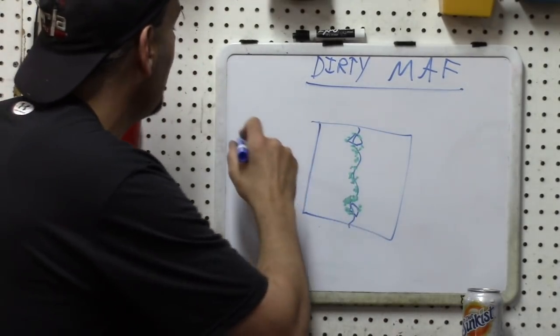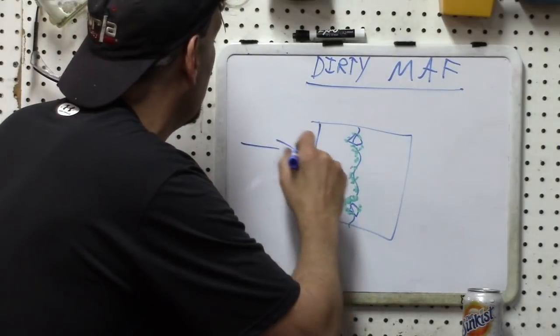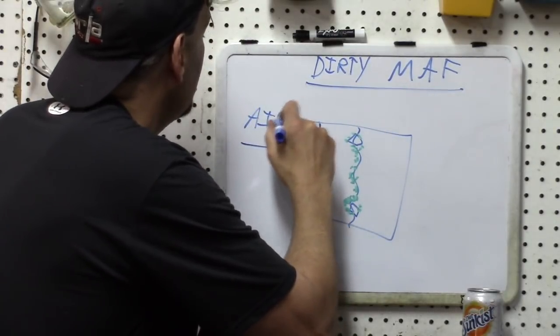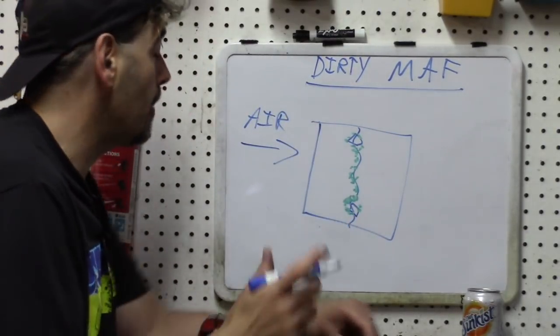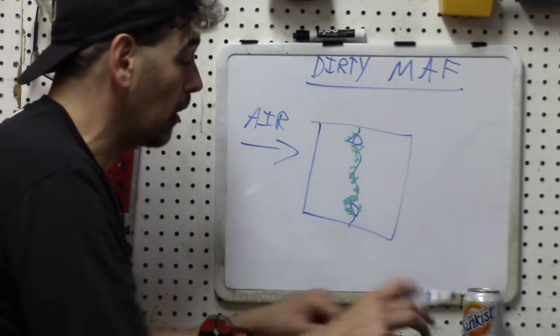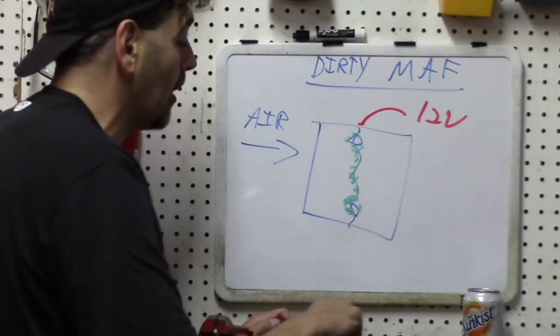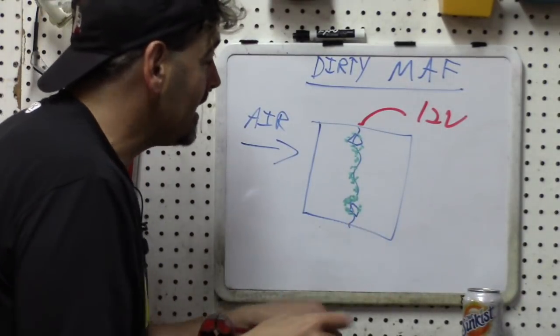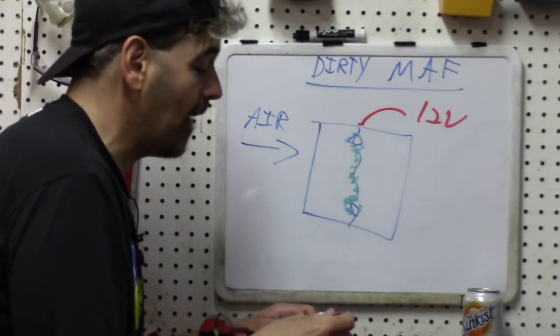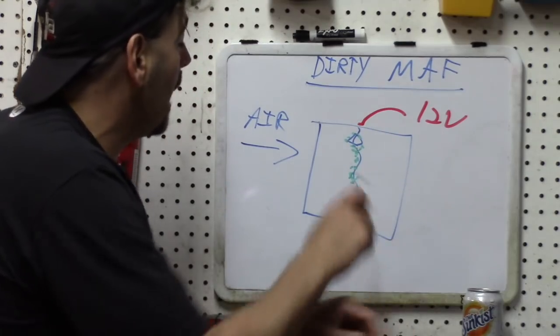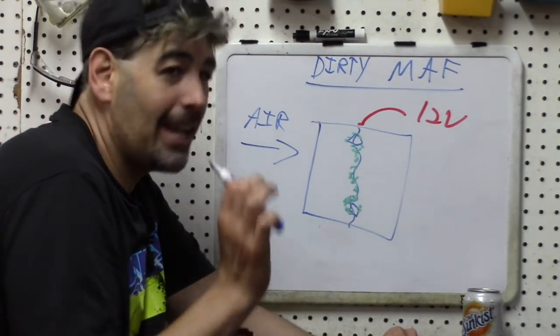And basically what happens is if your airflow is coming through here, remember from the very beginning how this hot wire works is you've got your 12-volt source going through there, and of course the idea is that you're maintaining a temperature of that wire. Well, now you've got a problem because that wire is insulated.